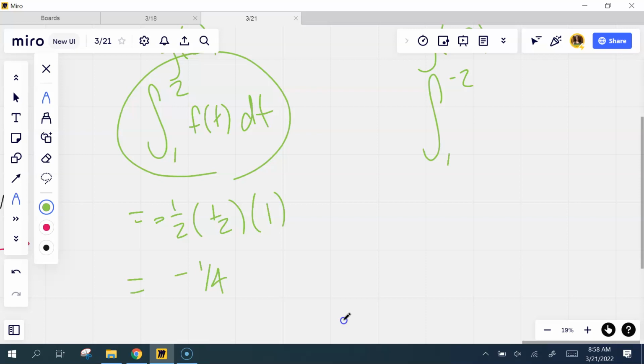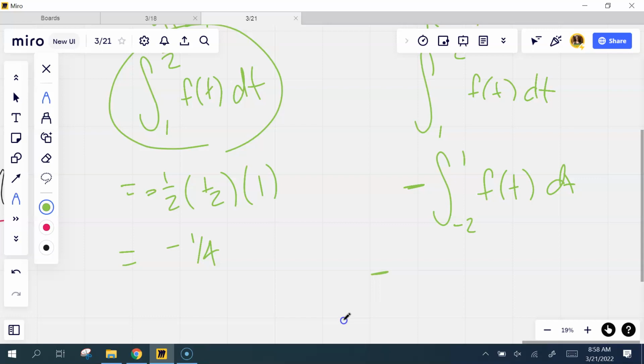The next one was a little bit harder because it went from 1 to -2. So you had to remember that to switch that around, it's negative. Get a sign mess up there. If you switch the bounds, you negate the sign out front. So now I'm looking from -2 to 1. I've got a piece of a triangle there, right?